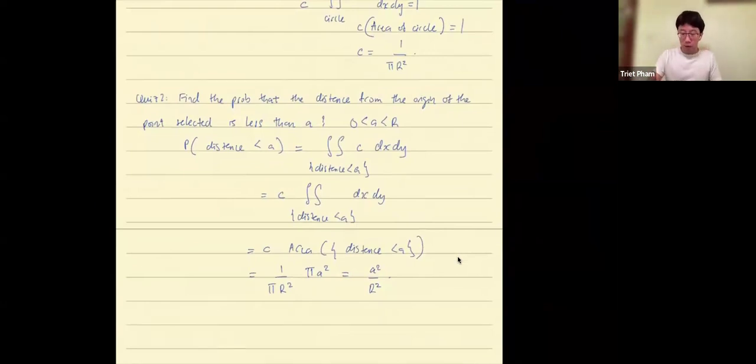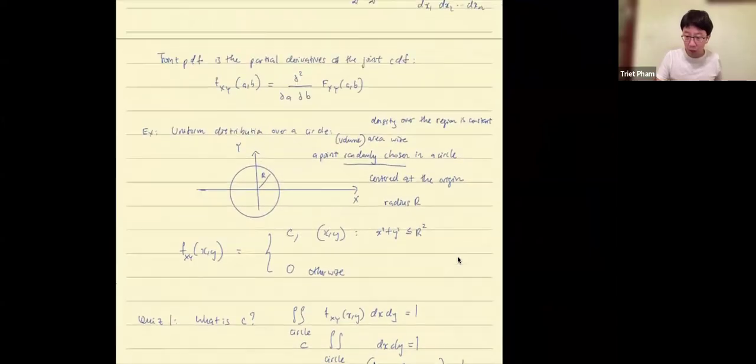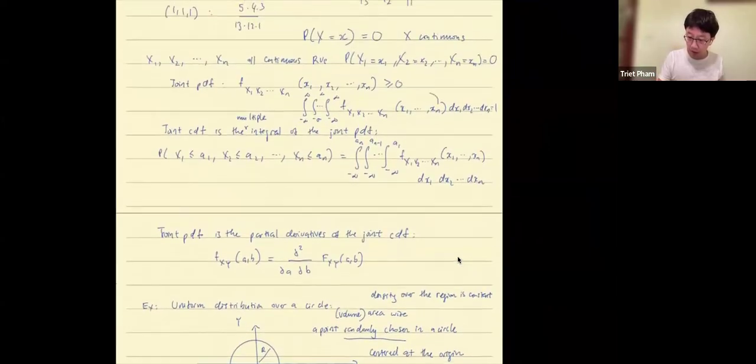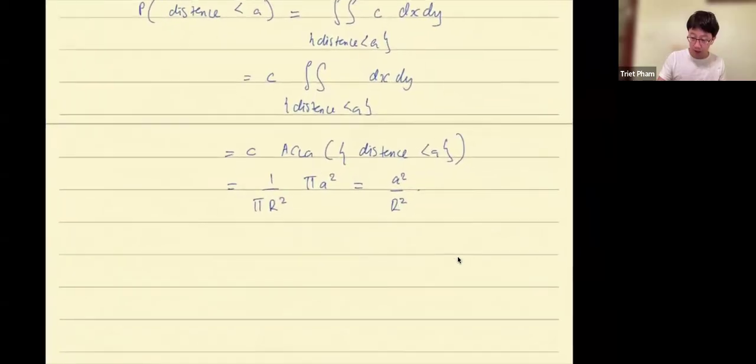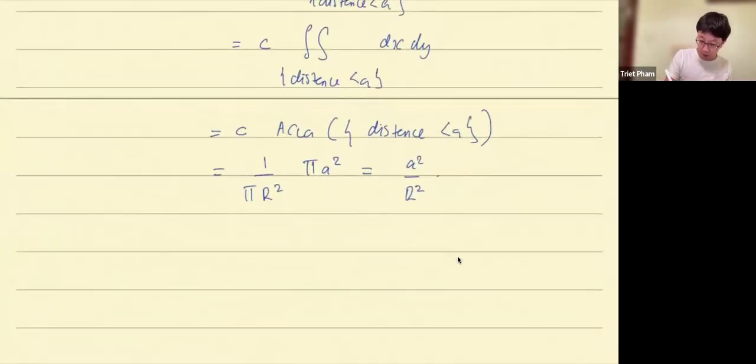Okay. So what can we do with the joint density? Well, besides calculating probabilities and things like that, we can do the marginal density. So marginal densities. Well, what would this be?